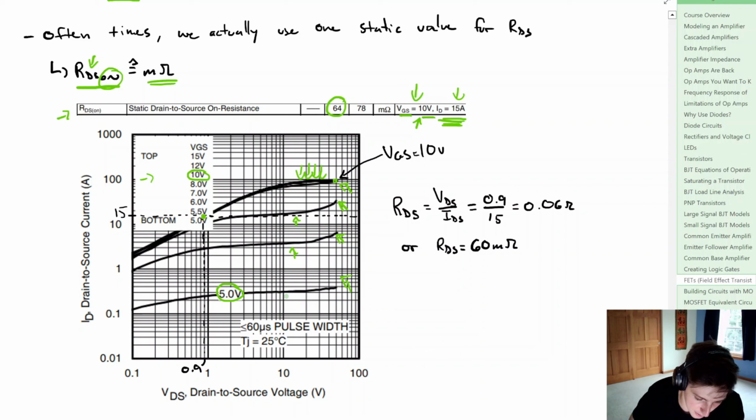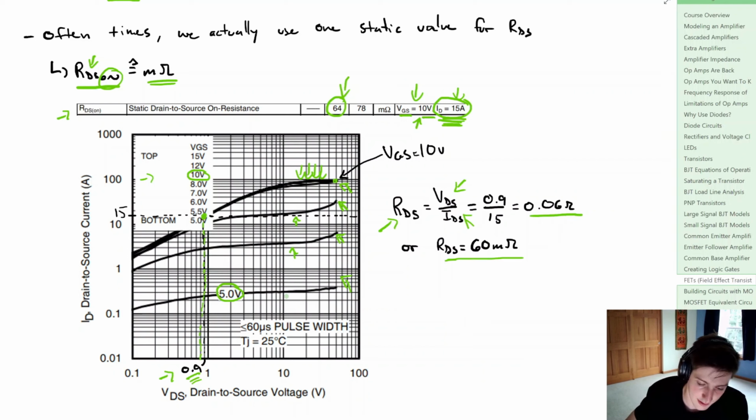Unfortunately, it's blocked out by the box, but it's approximately right there. So if we take that down with a dotted line, we look at what VDS is, it's about 0.9 volts. So we can say RDS is equal to VDS divided by IDS. And from our crude approximations, we get that RDS is about equal to 60 milliohms.